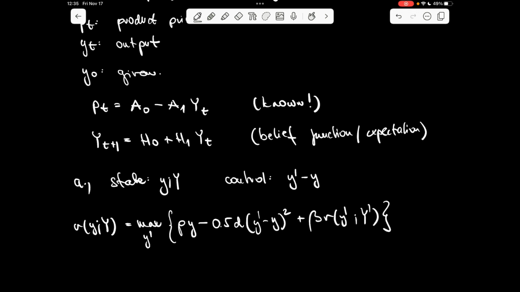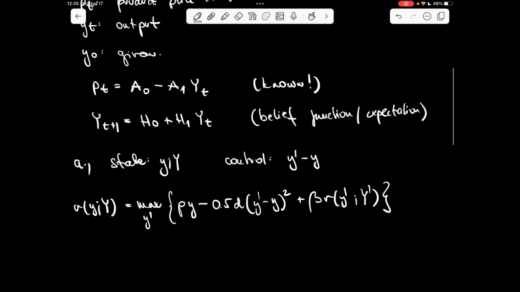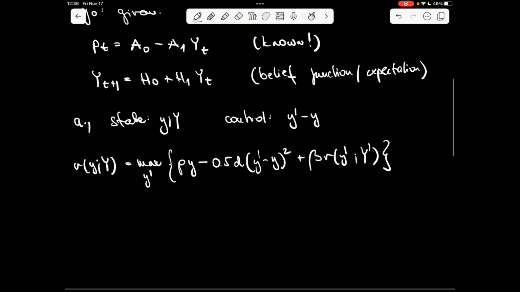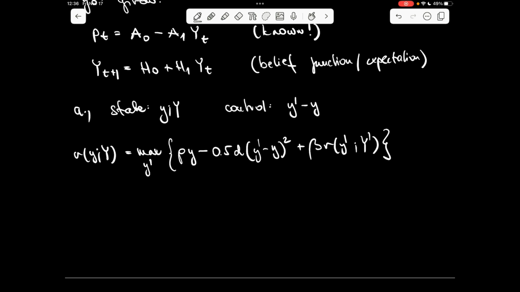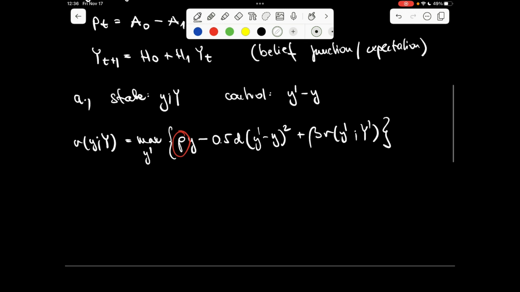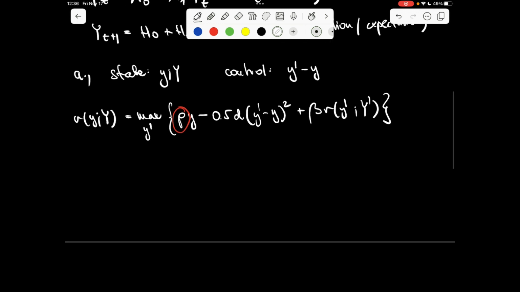Okay, so this is the Bellman equation, but we need to bear in mind the fact that product price is supposed to be governed by an exogenous equation, a function.